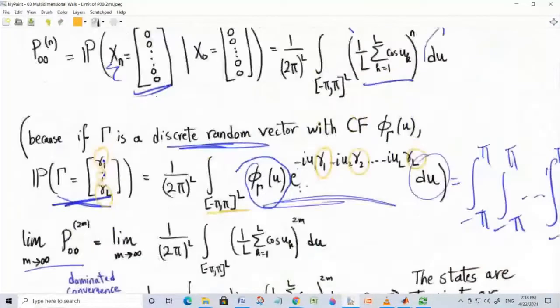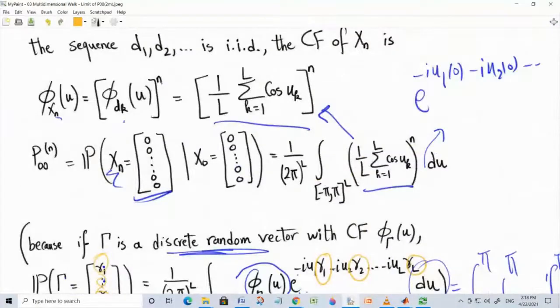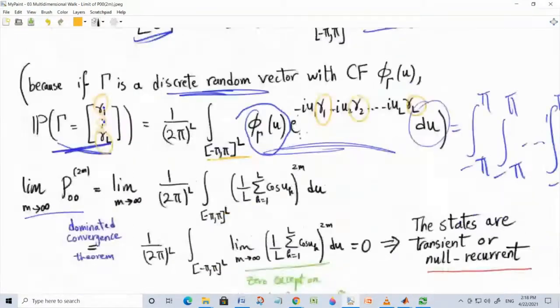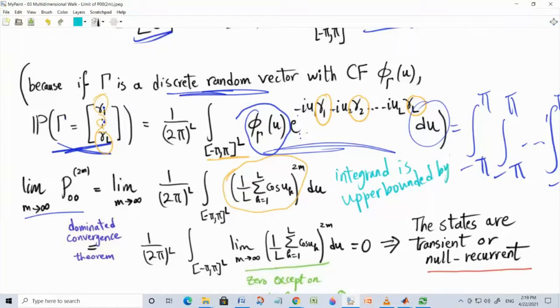So the limit here is the limit of this integral. And limits and integrals do not always commute. But we are lucky, because the integrand is upper bounded by 1.